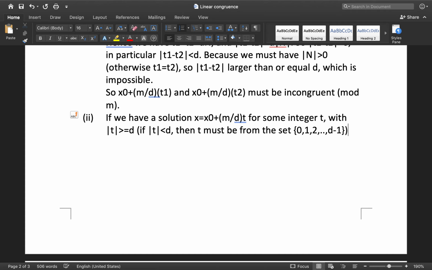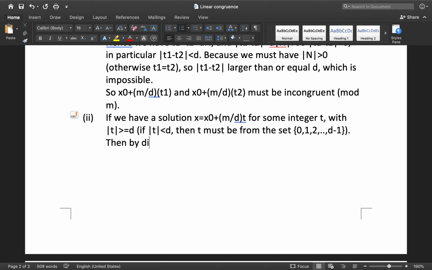Then of course that is a solution from the solution set we just mentioned at the beginning. But now you have another solution. We want to show that solution must be congruent to those members. Now how can we show that? Of course you can use anything you like, for example, by division.